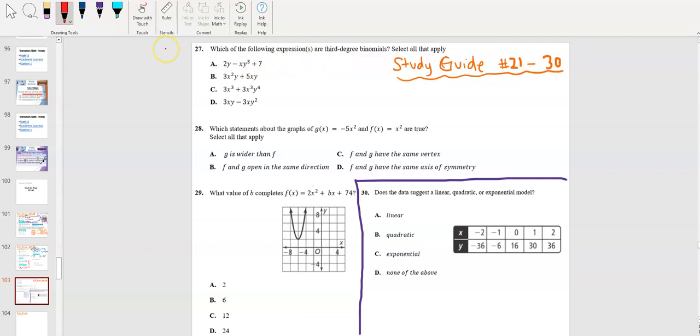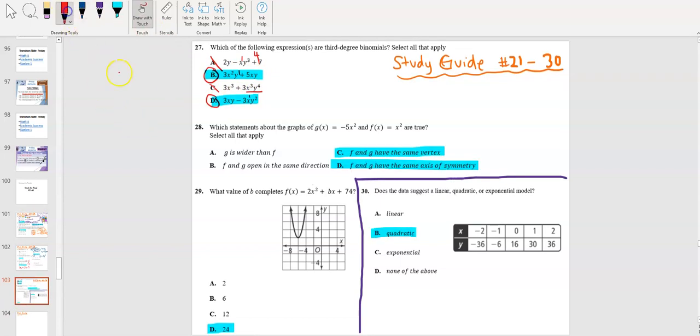A cannot be a third degree binomial because this x is a value of 1. So this is really a fourth degree. Here, 2 plus 1 makes 3. So B is correct. Here, the 3 and the 4 makes 7. That is not a third degree. And here, the x to the first plus the y to the second makes 3. So our answers for this one are B and D.